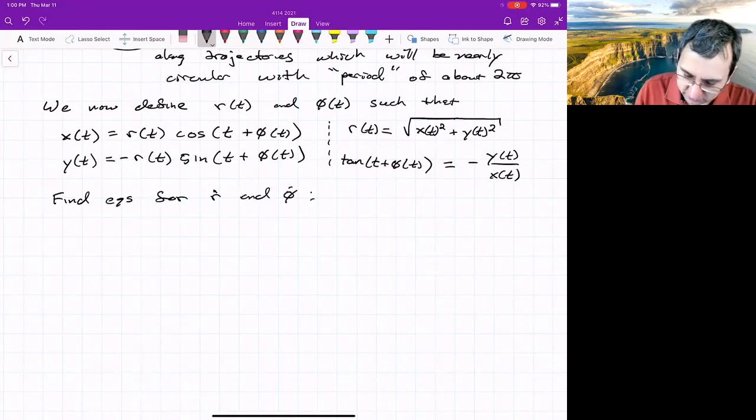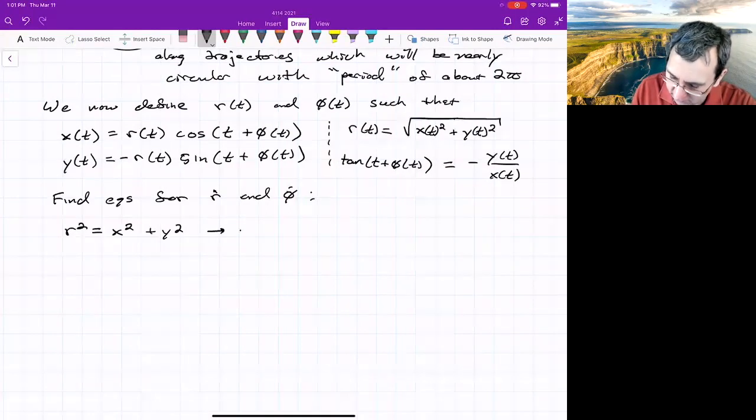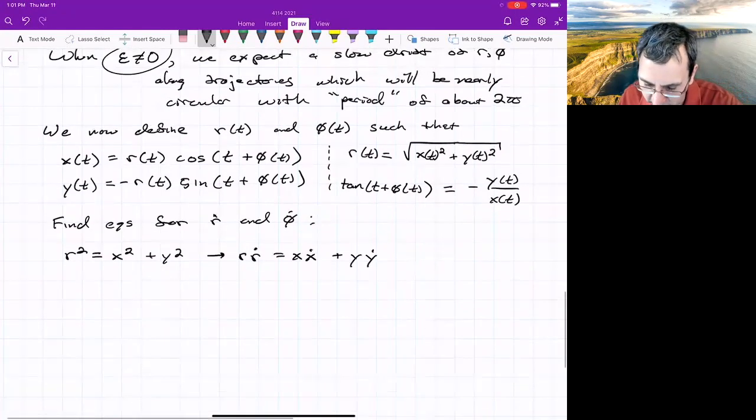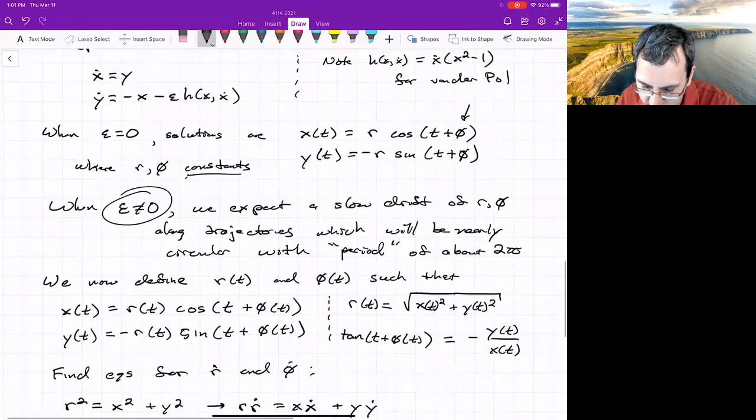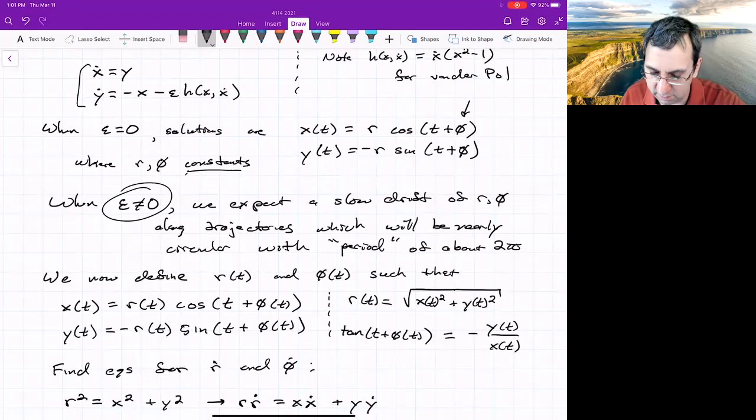So how do we do that? We could start with this definition. It's easier to write in terms of r squared equals x squared plus y squared, and then take a time derivative of that. So r r dot equals x x dot plus y y dot, and then use what we have up above for x dot and y dot.